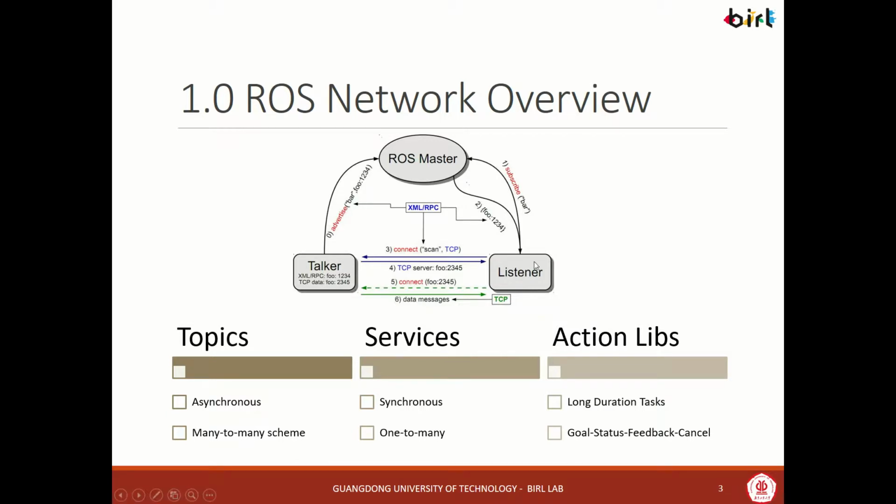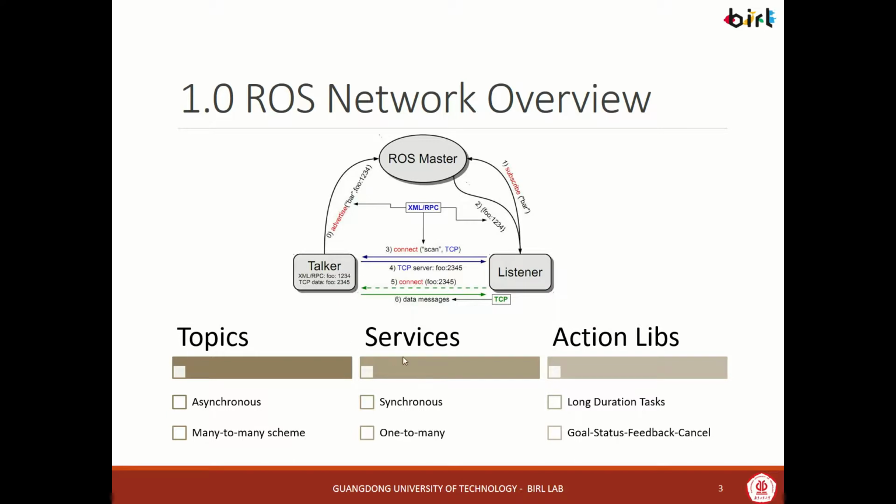So there is no concern for synchronicity. That means that information is going to be lost. And so using topics means you really don't care if some information is lost. Also, it's a many-to-many scheme, meaning that you might have 1, 2, or 3 or more nodes all subscribing to one talker or one publication. It doesn't matter. So this is a very flexible kind of communication scheme.